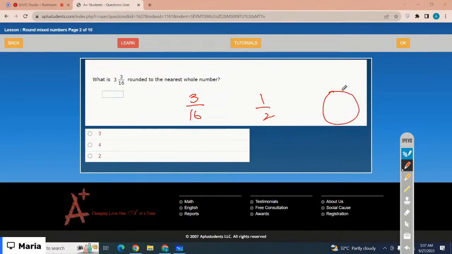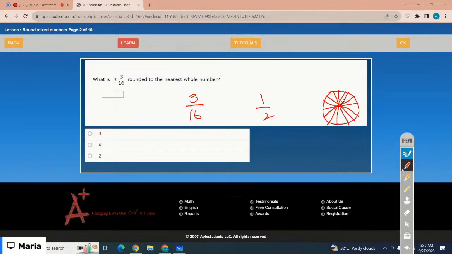So the visual representation of 3 by 16 is like this. The total portions are 16: 4, 6, 8, 10, 12, 14, and I don't know which one is left.